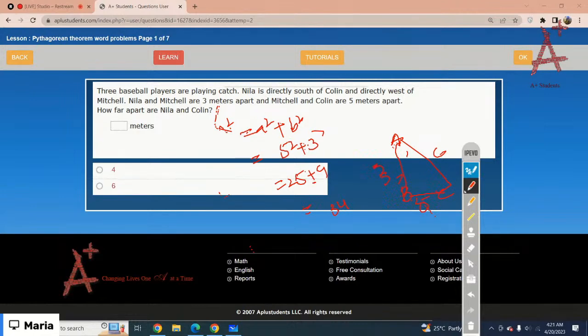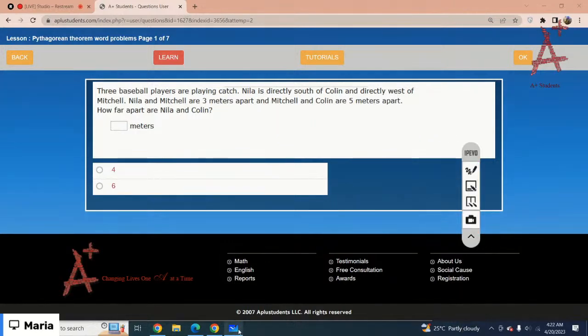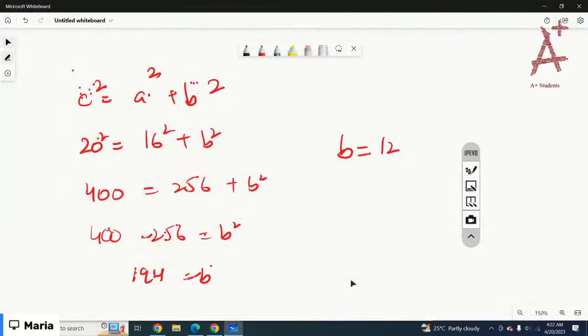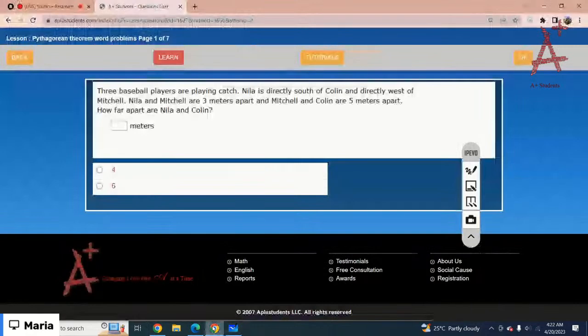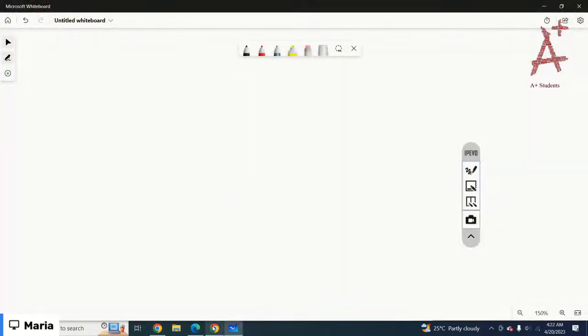You are given c, you have to calculate the b. Got it? I made the wrong one. Let me just draw here. It would be 5 meters and 3 meters. So it would be like this. You are given this side and this side.